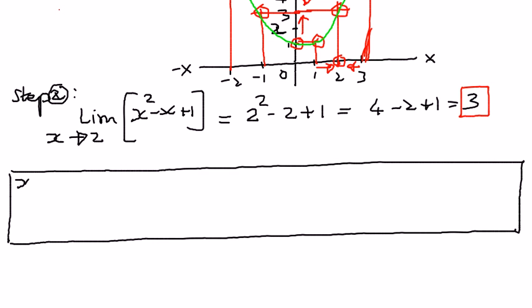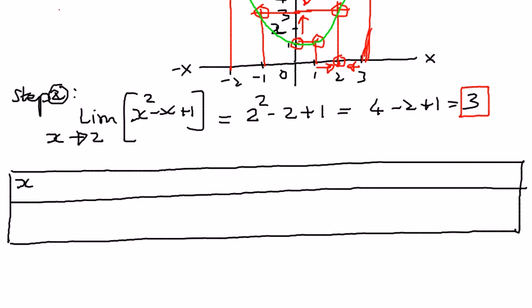We will call this x. If we give values for x, we can find the corresponding values of the function. In the middle, I want to call this point 2.0. When x equals 2.0, we have seen as x approaches 2, the value of the function is approaching 3.0.